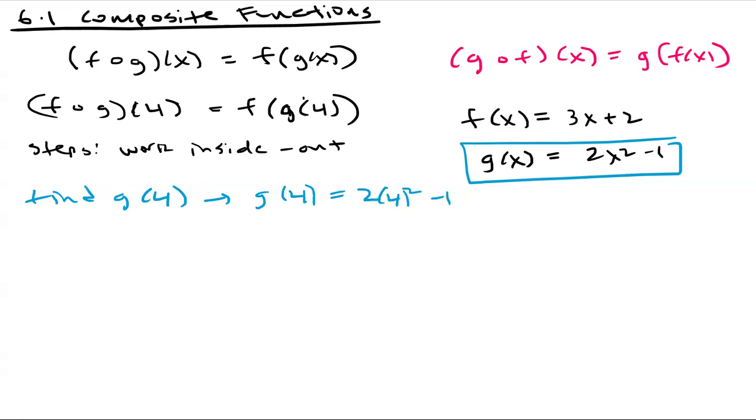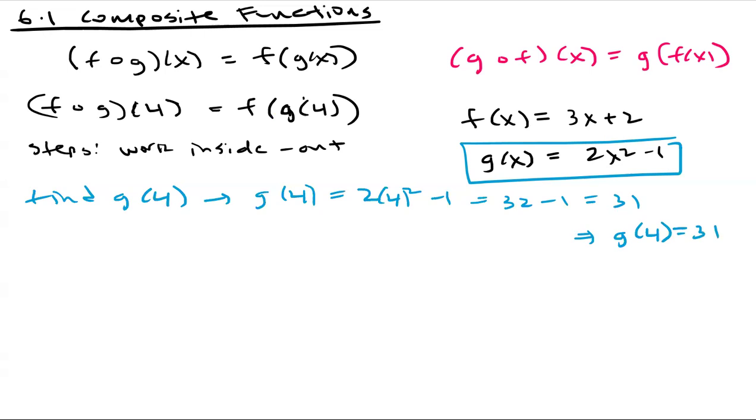When I simplify that, I'm going to get 32 minus 1, which is 31. So it's telling me that g of 4 is equal to 31.